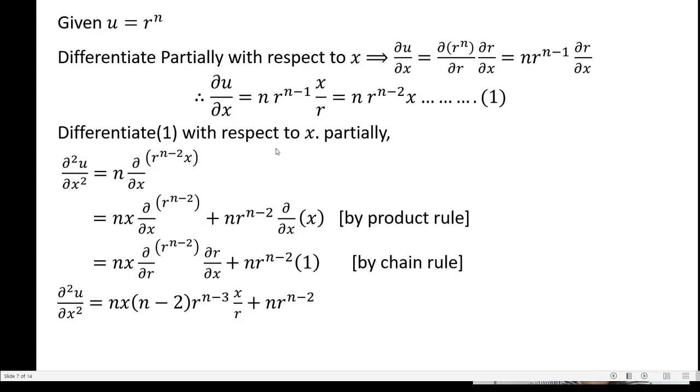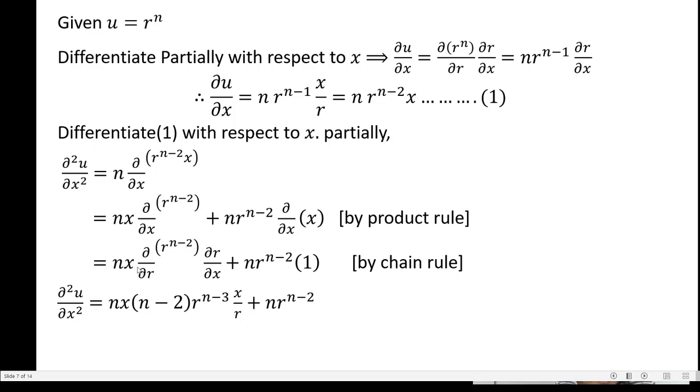Differentiate equation 1 with respect to x partially, we got del square u by del x square. This is equal to n into r to the power of n minus 2 is one term and x is another term. Right? That is del by del x of this whole term. First function into second function. I consider x as the first function: first function into differentiation of second function plus second function into differentiation of first function. Product rule we have used.